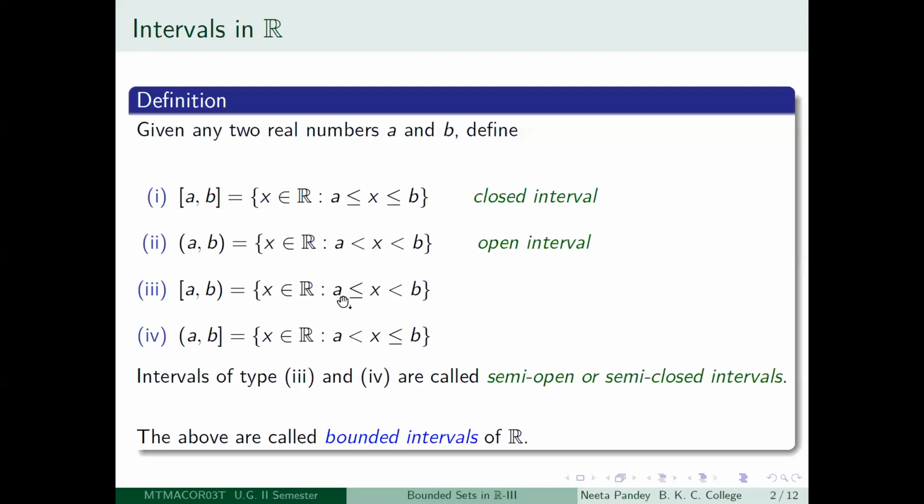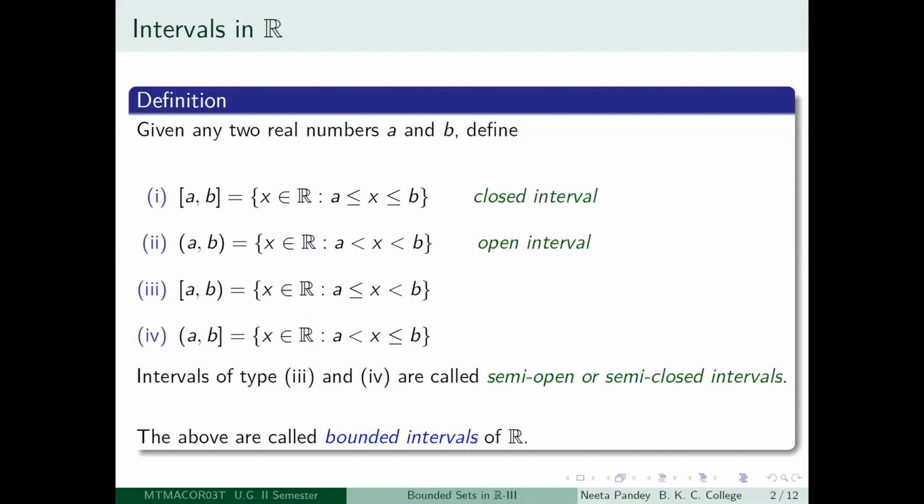So all x greater than or equal to a and less than b. And similarly, you can get the other one also, where you leave out a but include b. So you look at all x such that x is greater than a and less than or equal to b. So you get these four types of intervals which have endpoints a and b.